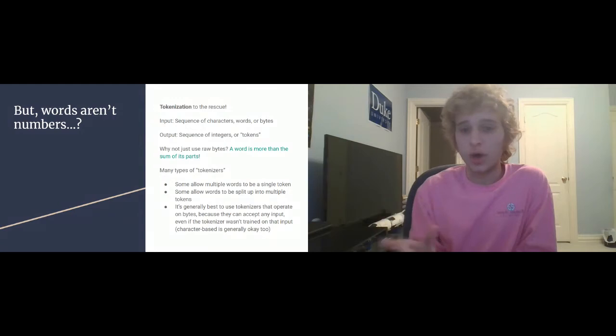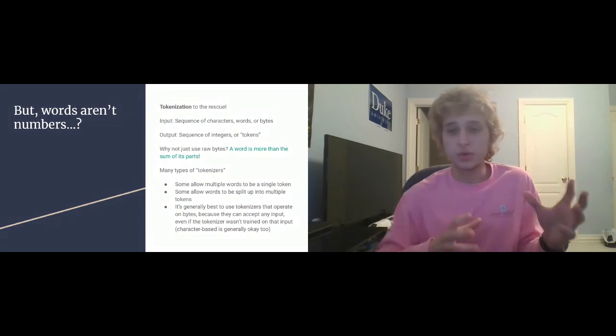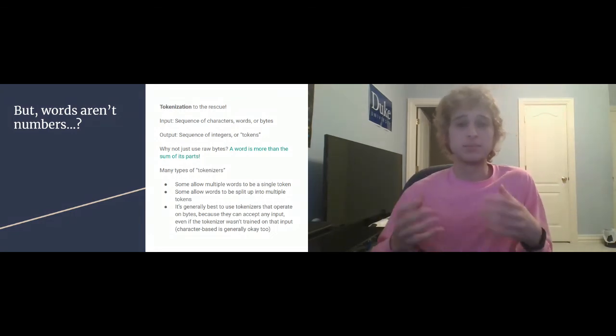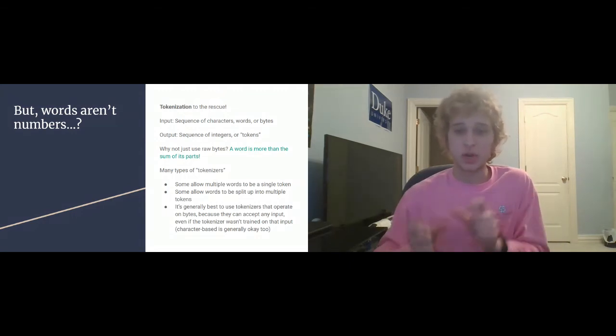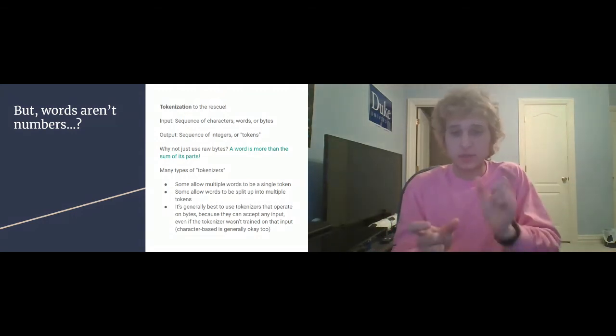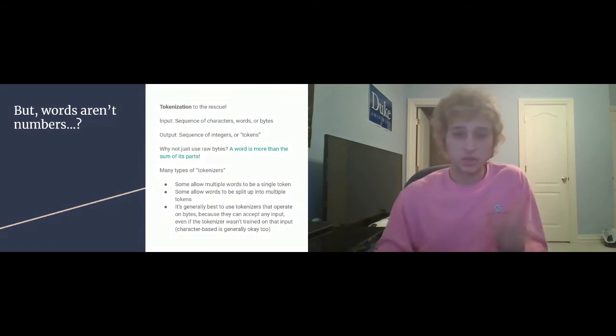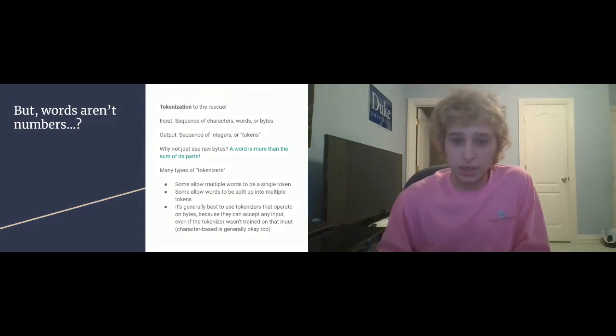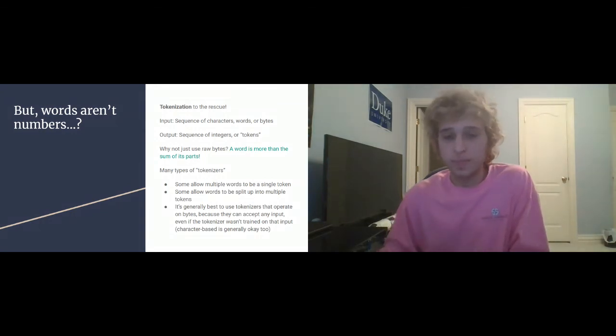New York shows up often, so a good tokenizer would represent New York as a single token. Then your model, when it sees New York, doesn't have to do internal processing to figure out that you're talking about this entity New York, as opposed to these separate things, New and York. It can just see the token for New York and know that this is what is being referred to.